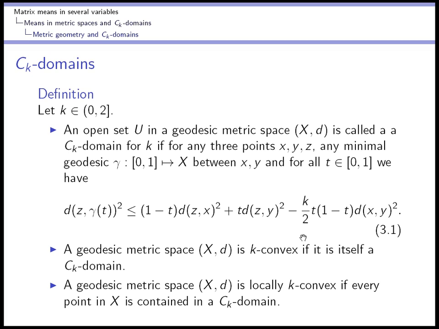Actually, it was proved in 2007 in an article of Ohta that these spaces, CAT(1) spaces, which have upper curvature bound 1, if the space has small enough diameter, it is automatically a CK domain. Actually, for instance, in the case of the sphere, this means that the northern hemisphere, although it is uniquely geodesic, is not a CK domain.